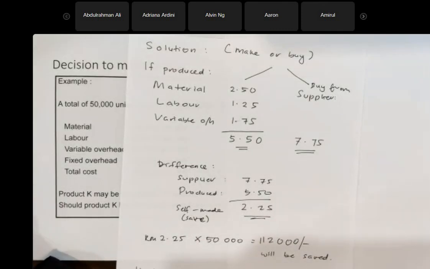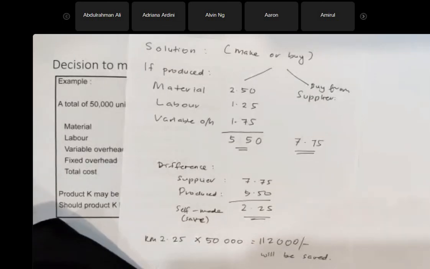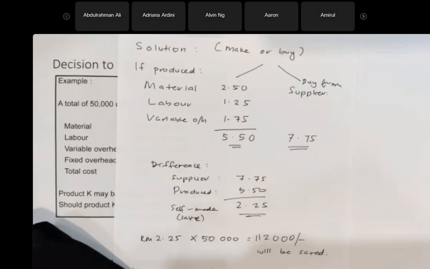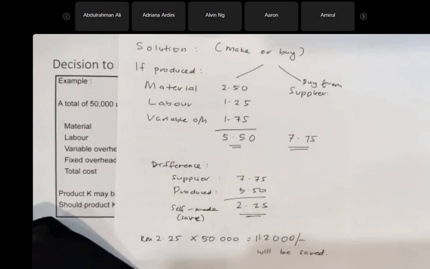Okay, any question? Tak ada question? Your test 2 will be on what? What is the tarikh? Lupa dah. Sekejap, kita tengok balik. Okay, 9 PM on 21st June. 21st June, 9 PM. Boleh semua orang?